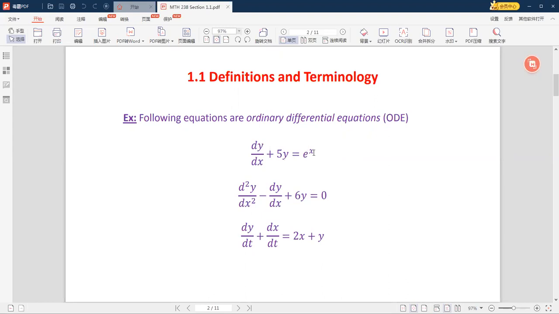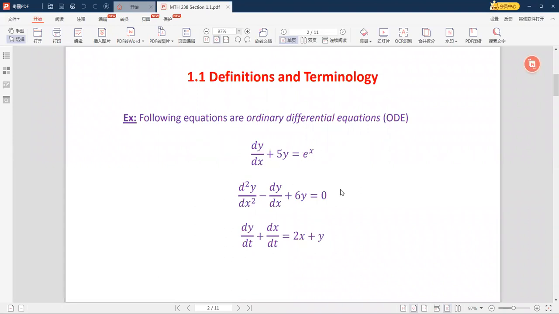So x is the independent variable, and y is the dependent variable, or the function we need to solve. Our task is to solve for y from this equation. The solution of the differential equation should be a function. So y is a function of x. That's why you take the derivative of y with respect to x. We want to know what exactly y is in terms of x.